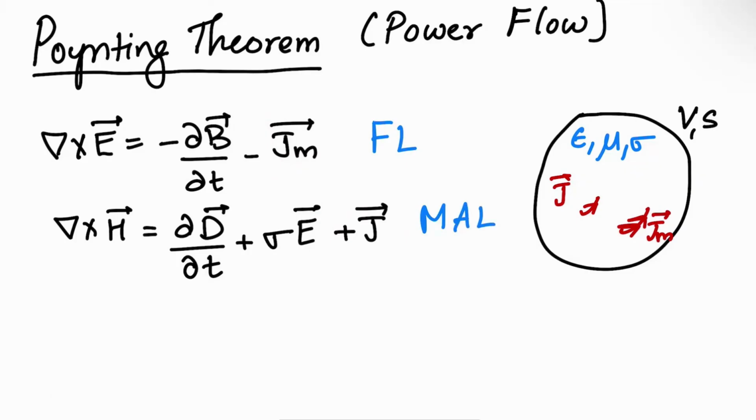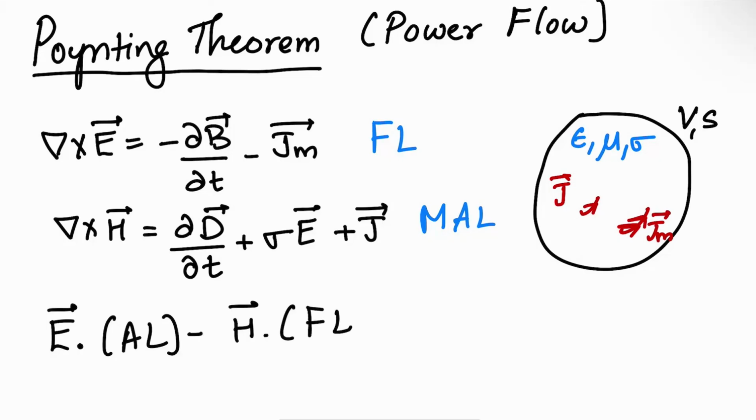Okay, so then what we'll do is we'll take E dot product with Ampere's law minus H dotted with Faraday's law.